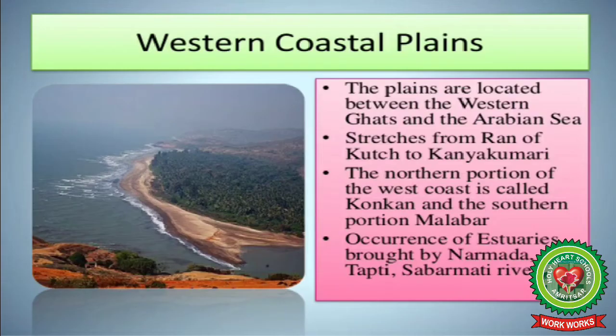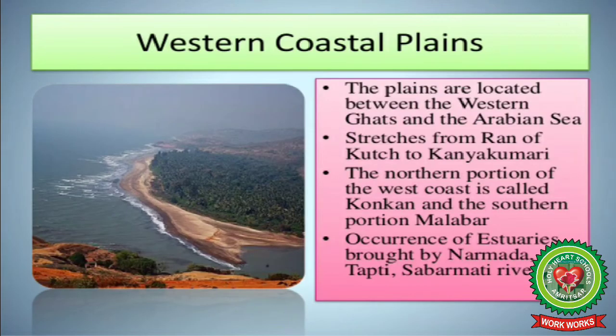Let's start reading. This plain lies between the Western Ghats and the Arabian Sea. It stretches from Gujarat in the north to Kanyakumari in the south. It is divided into three parts: the Gujarat coast in the north, the Konkan coast in the middle up to Goa, and the Malabar coast in the south.